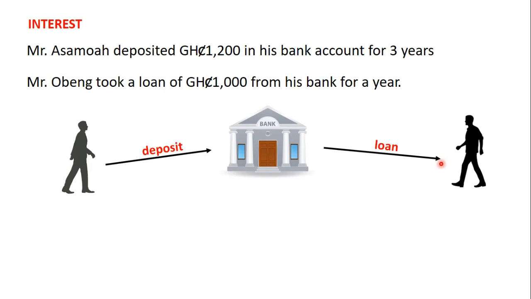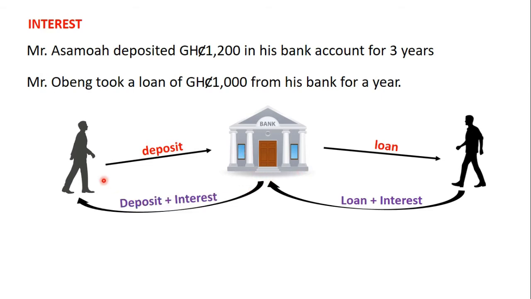Now, when it's time for Mr. Obeng to pay the loan, he will pay the loan plus the interest on the loan. In the same way, when it's time for Mr. Asamoah to go for his money, the bank will give Mr. Asamoah his deposit plus the interest on the deposit. So this is the general practice.